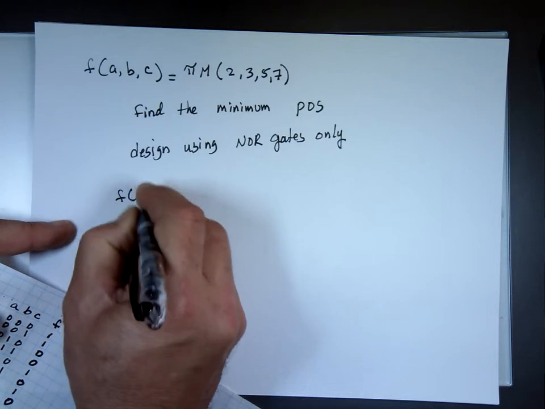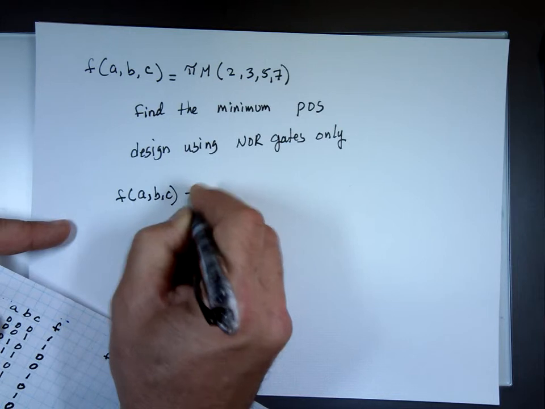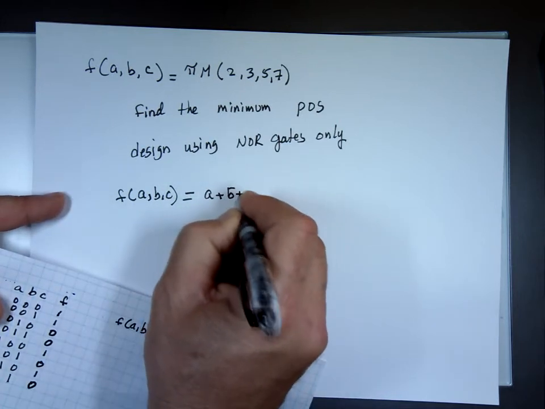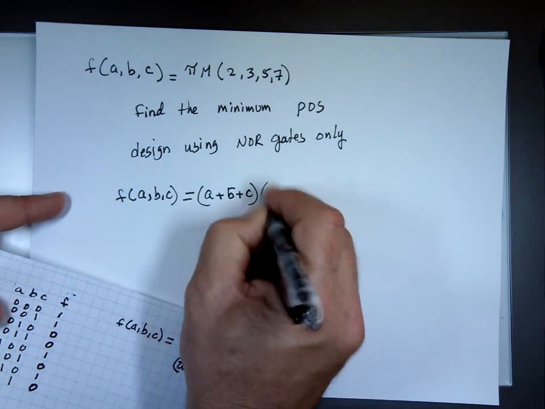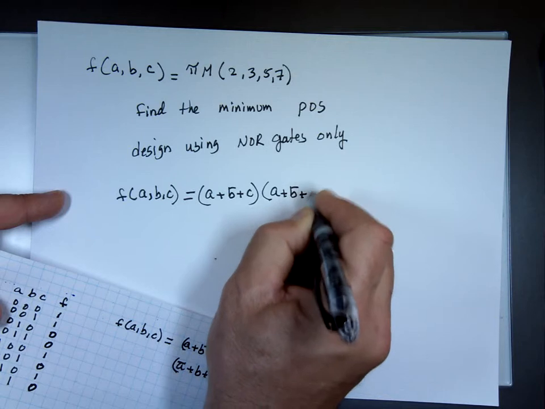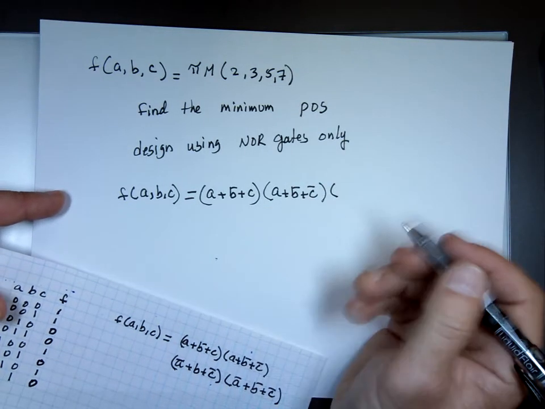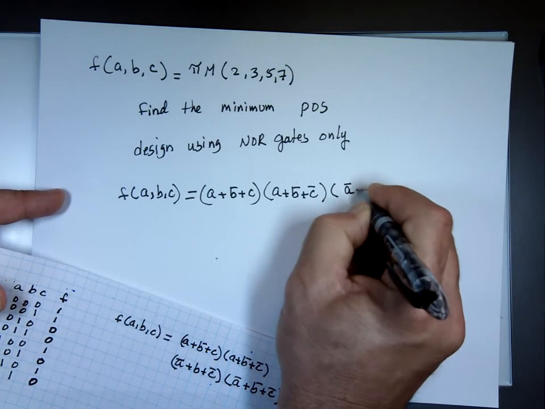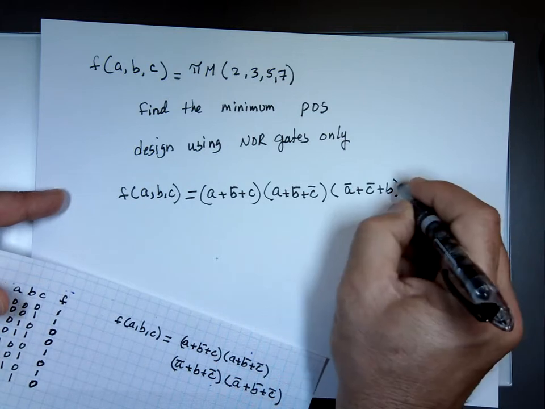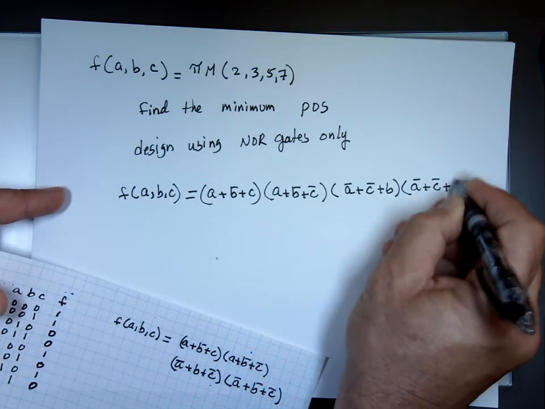F of A, B, and C. The first one, A plus B bar plus C. A plus B bar plus C bar. The next one, I'm going to shuffle them around: A bar plus C bar plus B. I decided to reverse the B here. And the last one, A bar plus C bar plus B bar.